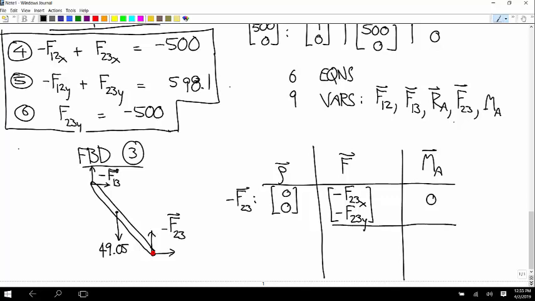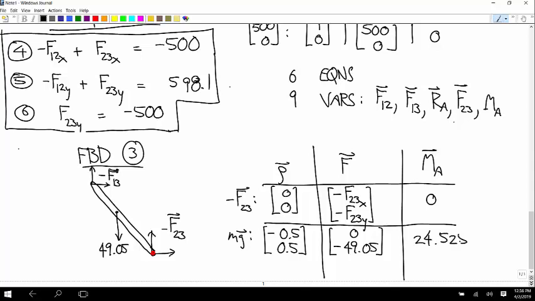Moment is 0. Then the weight force. The rho vector is negative 0.5, positive 0.5. The weight is 0, negative 49.05. The cross product is 24.525.